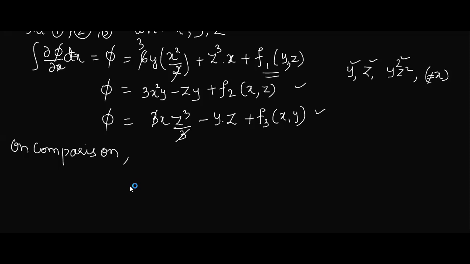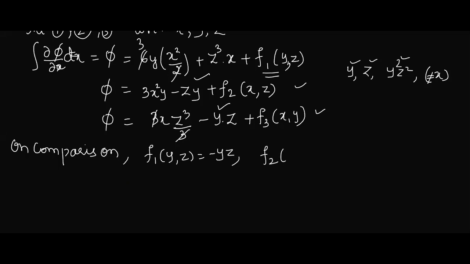Clear? Tell me, there is a term in y, z which is not present in this expression, but is present in the remaining two. Which is that term? Minus zy, or minus yz. This is present in these two but not present here. So I choose f1 of y, z as minus yz. Done. Now coming to the next.